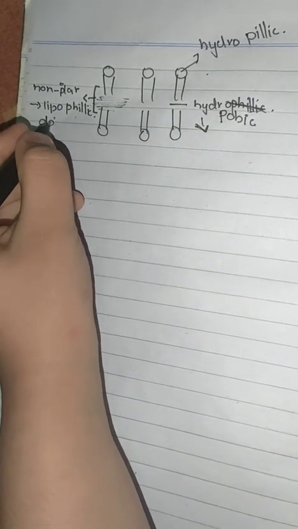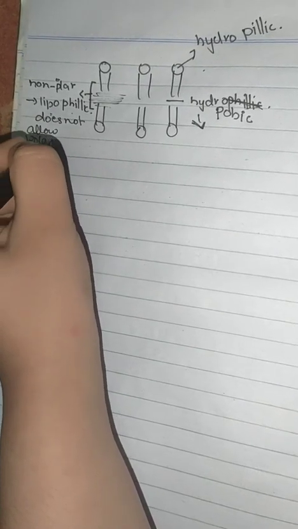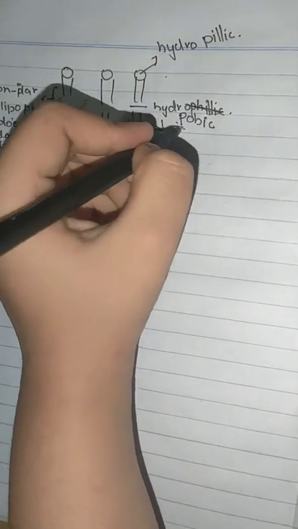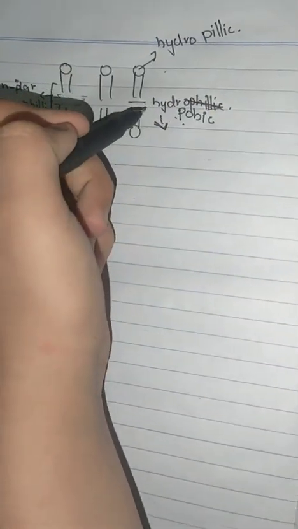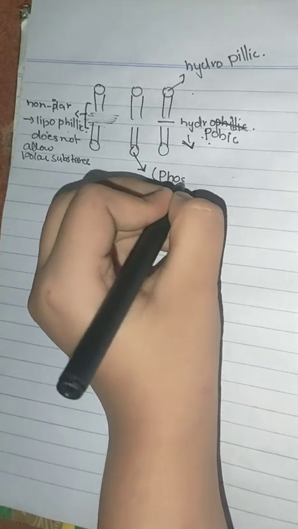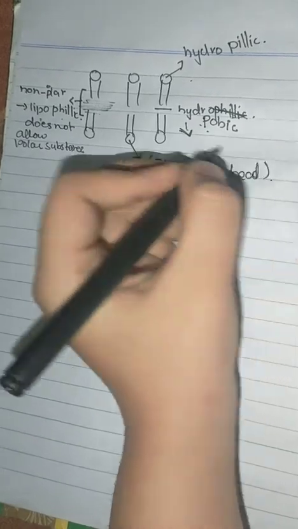As the name suggests, it is a lipoprotein, because lipid is present here, and it does not allow polar substances such as water, because these are hydrophobic, not attracted to water. That is why they do not allow polar molecules. This is the head, also known as the phosphate head, and this is the tail.